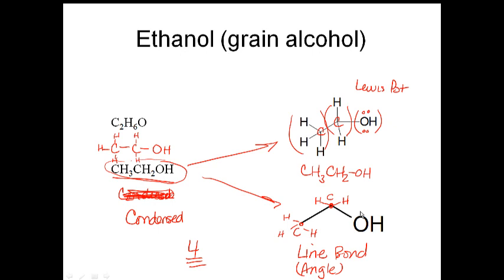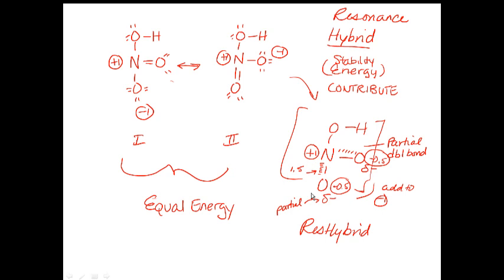Okay. So these are the 3 types of structures that you'll see. Lewis dot structures, explicit, that's the most tedious. Condensed is a little bit easier, and the line bond structures are the ones that we'll end up drawing the most. And again, the line bonds are very simple, and you can actually see examples on the first page of the chapter.